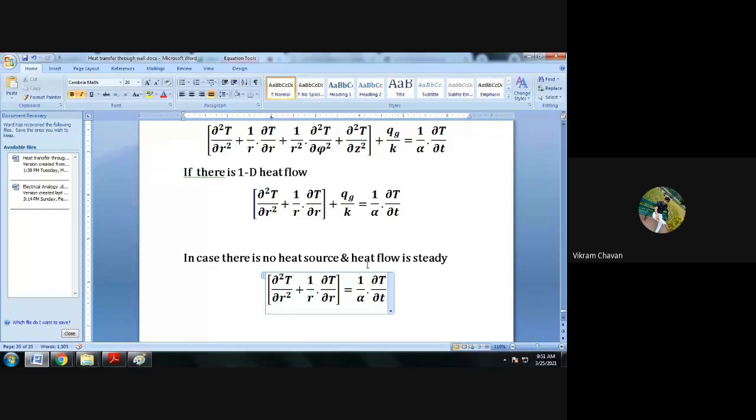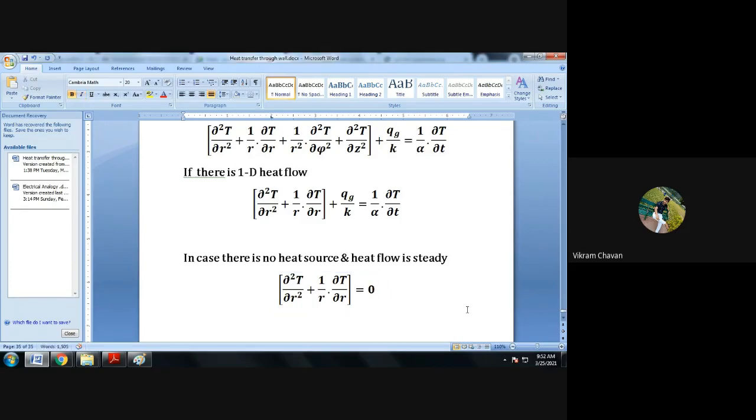Now if the heat flow is steady, the temperature change with respect to time will become 0, so the right side will become 0, and we will get this equation.